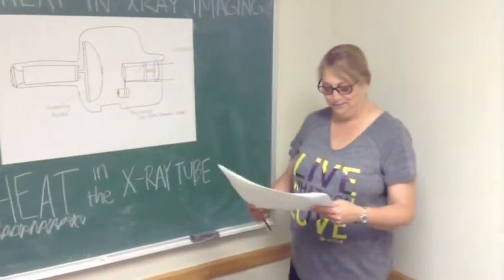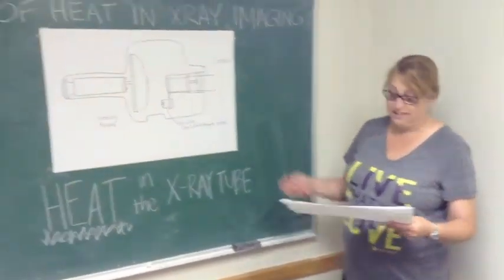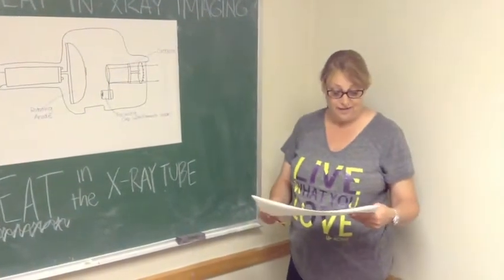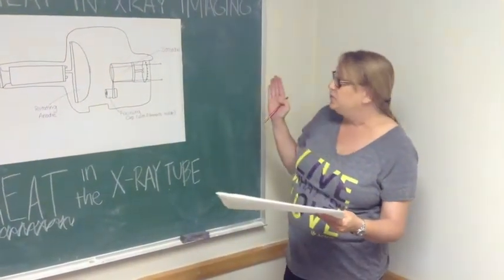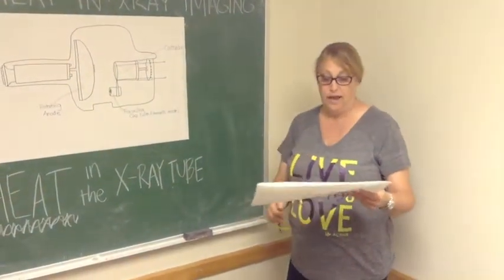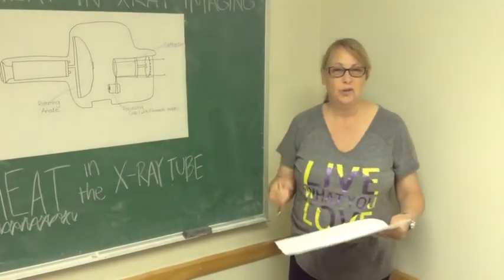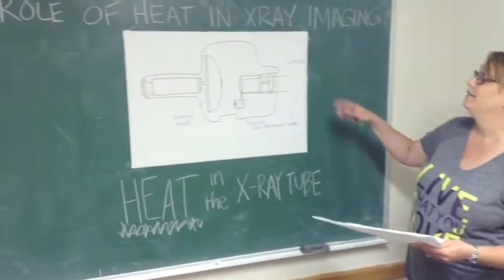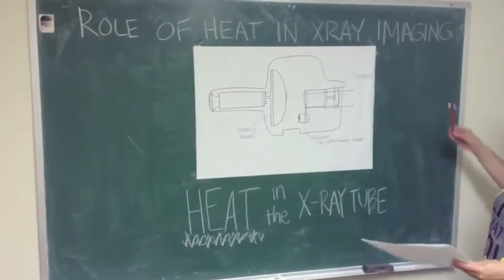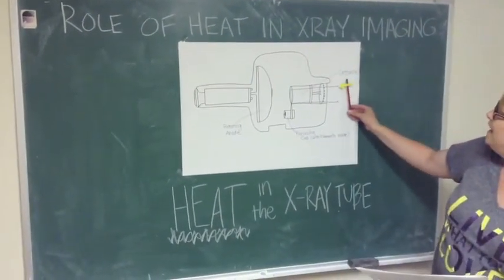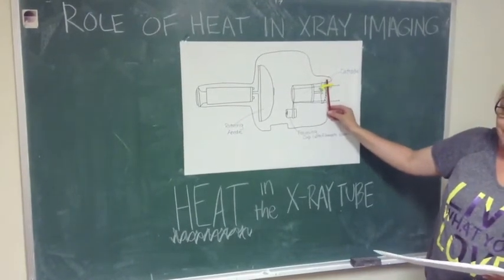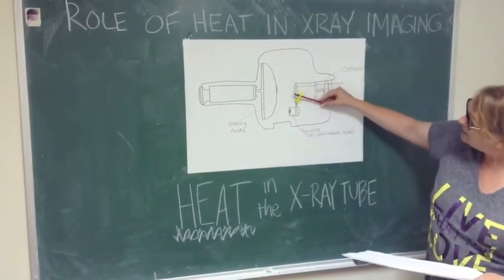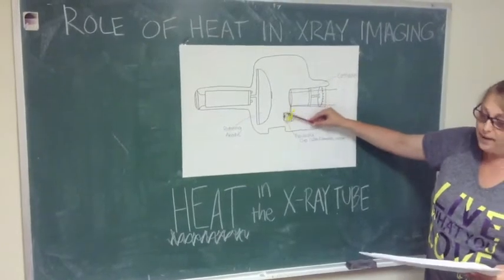When the X-ray imaging system is first turned on, a low current passes through the filament to warm it and prepare it for a thermal jolt. Thermal meaning heat, necessary for X-ray production. So the current comes in and it goes across the wire, down into the focusing cup, and into the filaments.